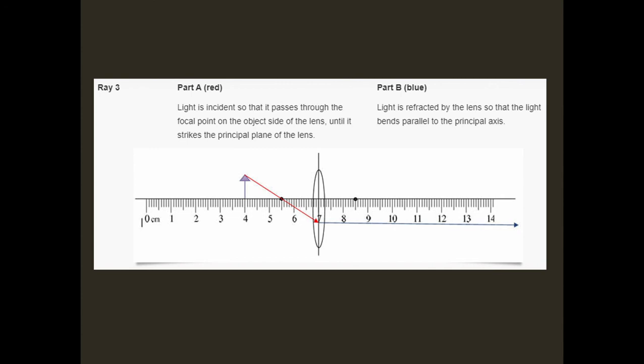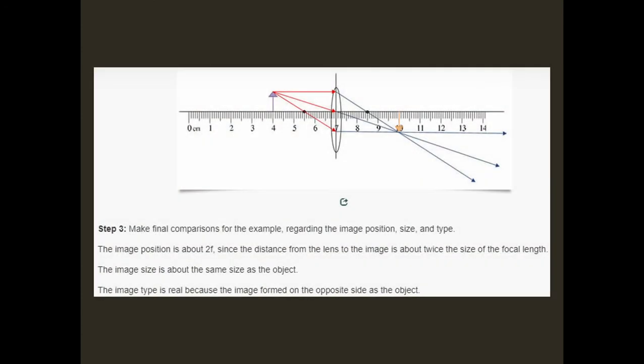All right. So now we already have the 3 light rays that we need in order to create an image. But now we need to combine them all inside one graph so we can notice where the new image is going to be formed and where it is going to be located. Right here. So as you can notice in the image that we have right at the top, we have the 3 lines that we analyzed at first.